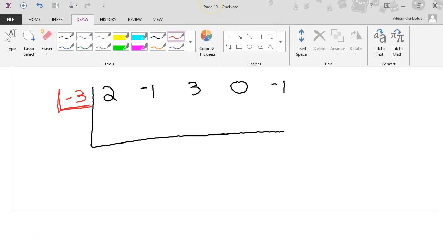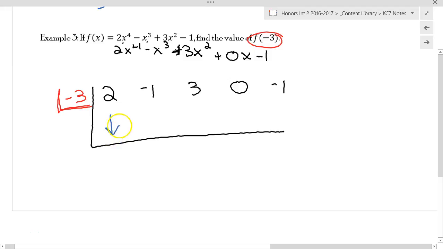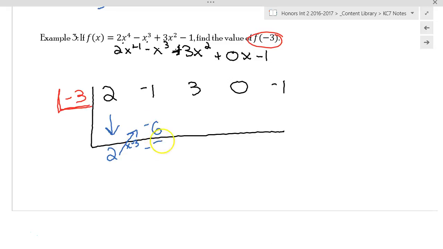And then we're doing the same exact thing. I bring down that 2 times negative 3. I get negative 6. Negative 1 plus negative 6 is negative 7. Times negative 3, we get 21. 3 plus 21 is 24. Times negative 3, that's negative 72.